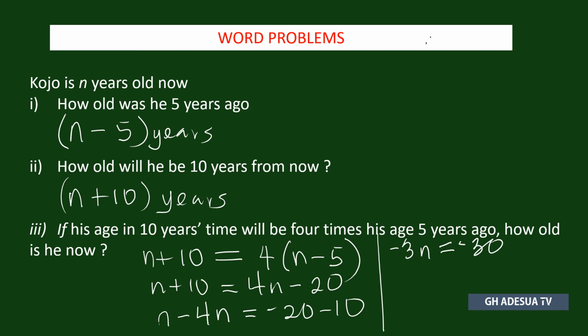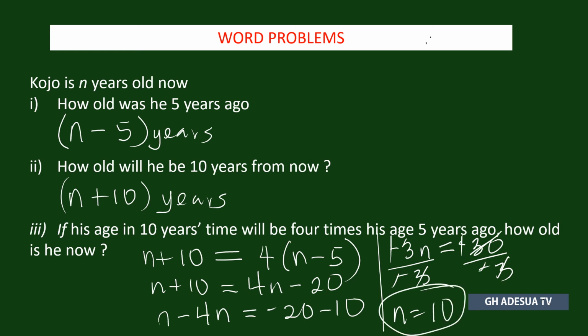Now divide both sides by negative 3. That is n is equal to 10. So his age now is 10 years.